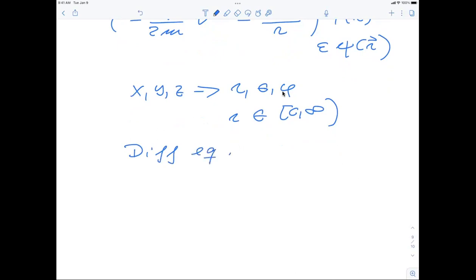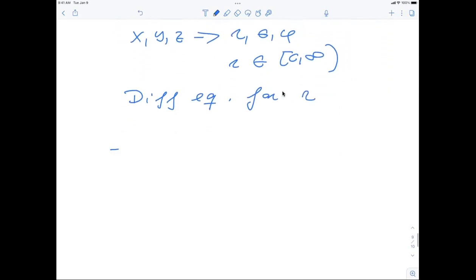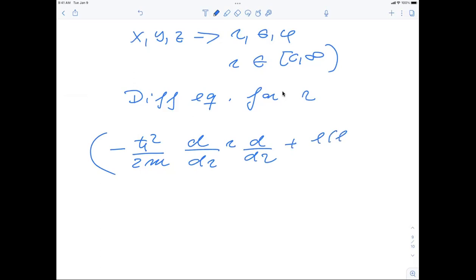So this is a differential equation for r. That differential equation is given by, when we now transfer everything to spherical coordinates, this is going to be rewritten in terms of d/dr. And now you're going to have an additional parameter which comes from the fact that the orbital momentum is discretized.